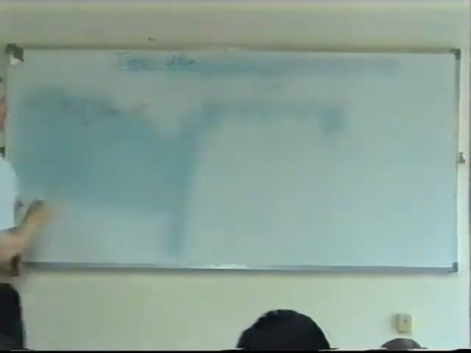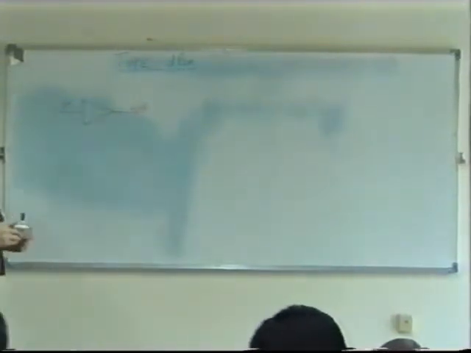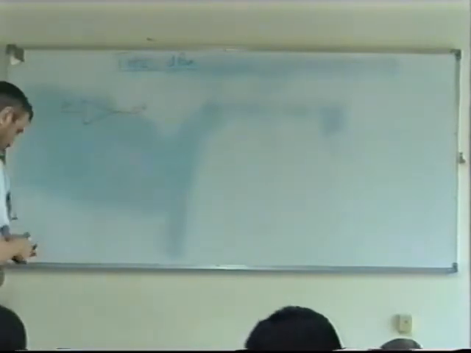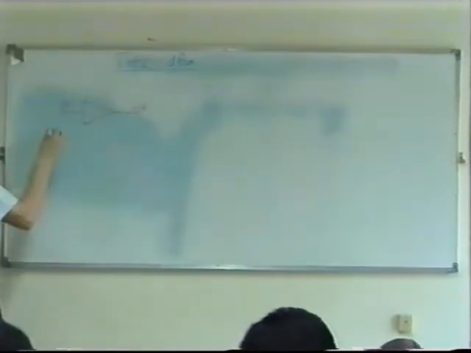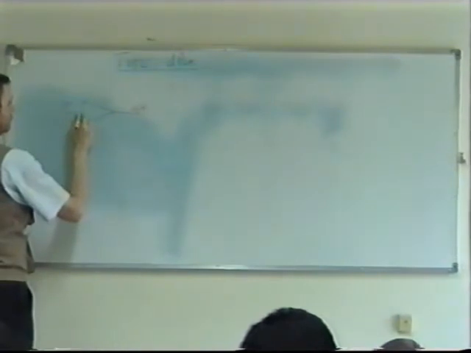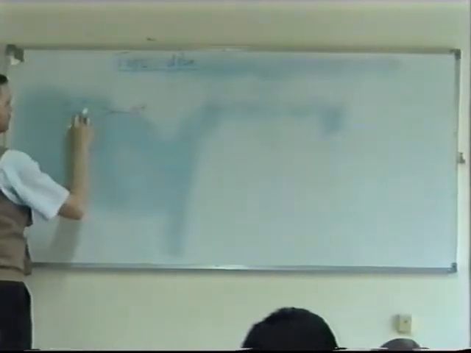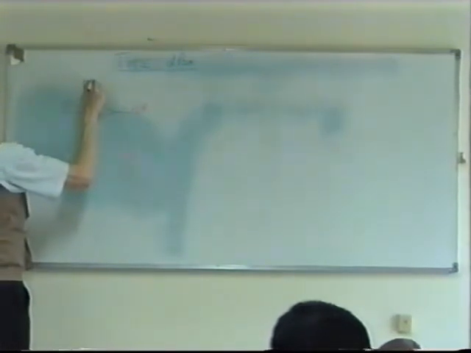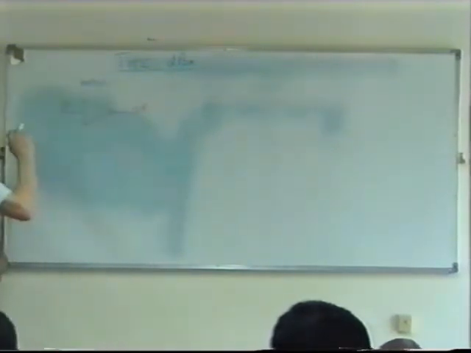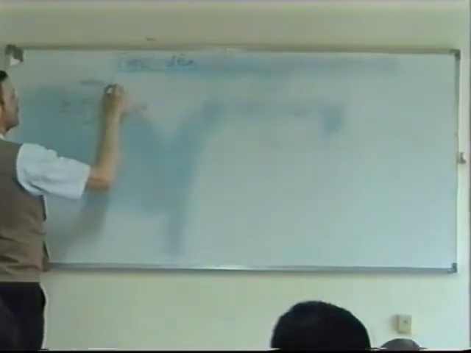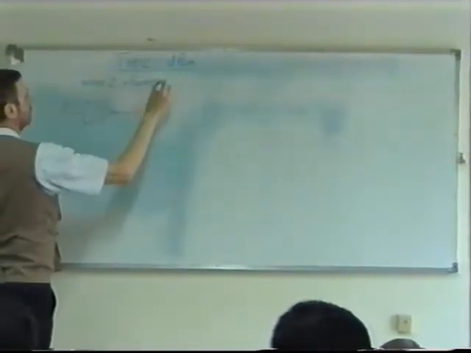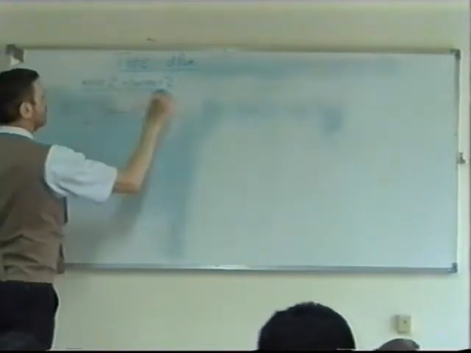This is another example, but now I'm going to make it slightly different. And I want you to think about this first, before I give you the answer. I'm first of all going to give you a little bit of information. The input impedance of this amplifier is equal to the output impedance. We're going to assume that.